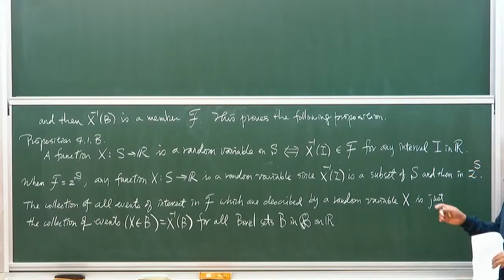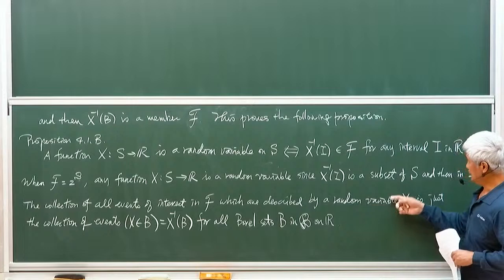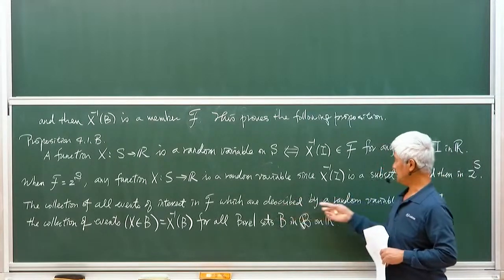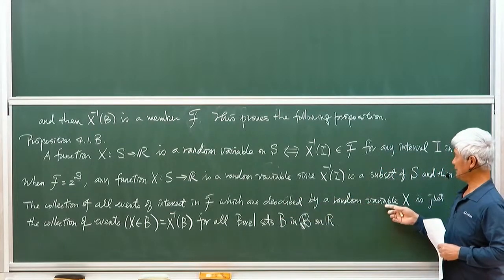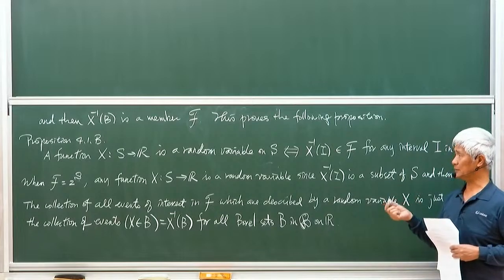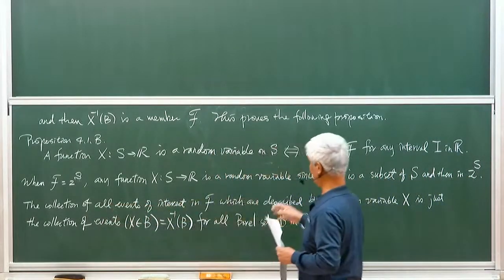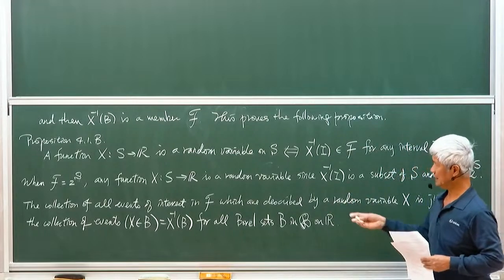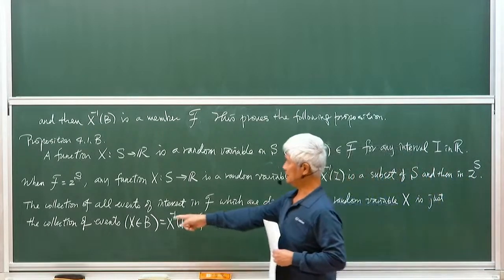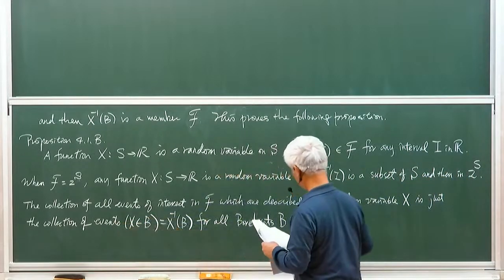Okay, so if you describe events by a specific random variable, then those events of interest, if you collect them together, form just a collection of these events.